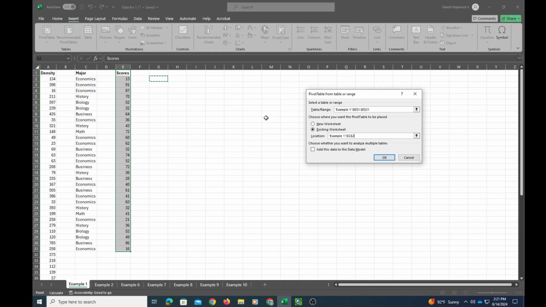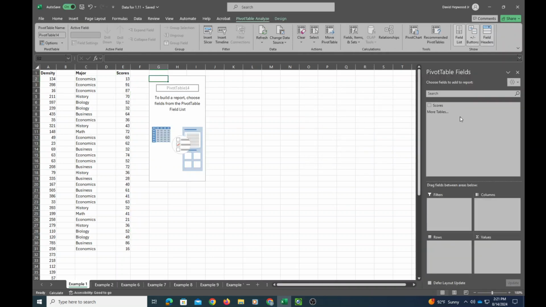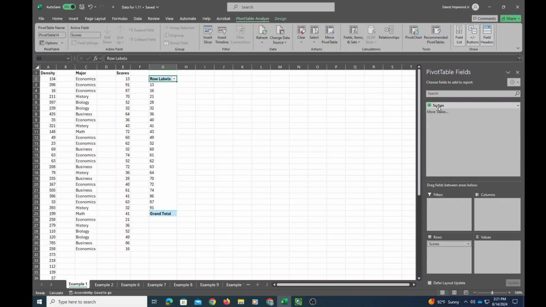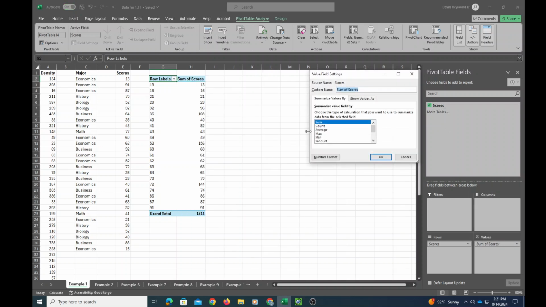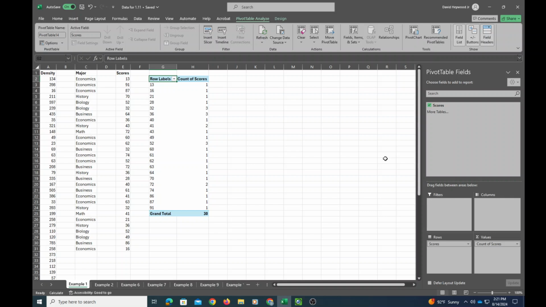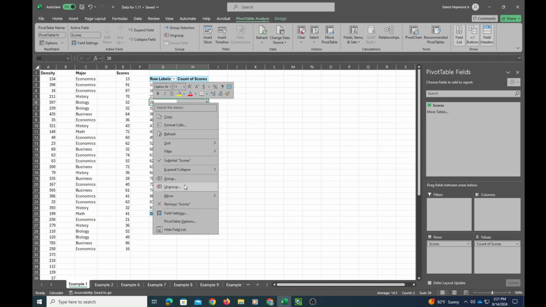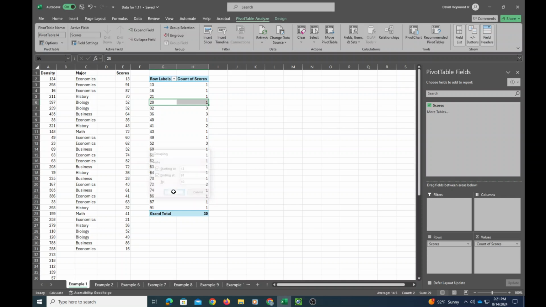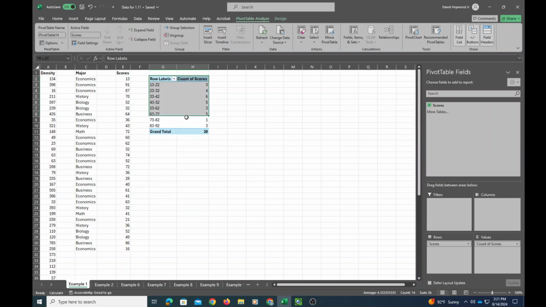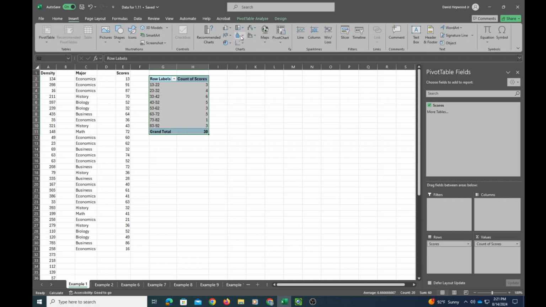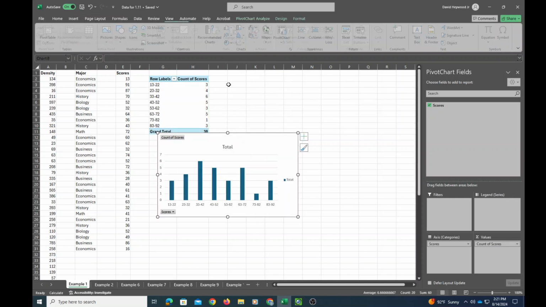Let's put it right there. I want to count up the values, not add them up. And let's group into classes. Sure, we'll just use the default that Excel wants to go with. And then I will insert my bar chart.